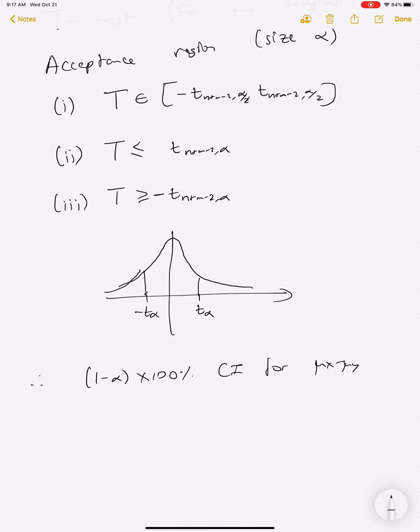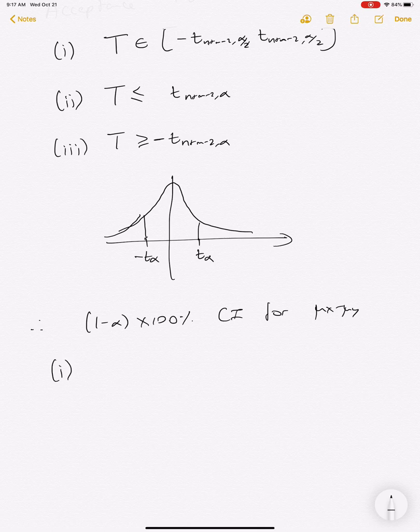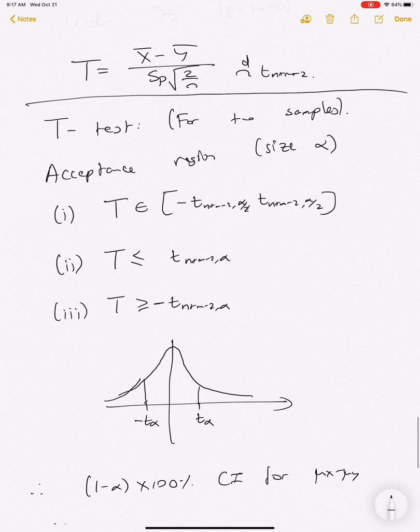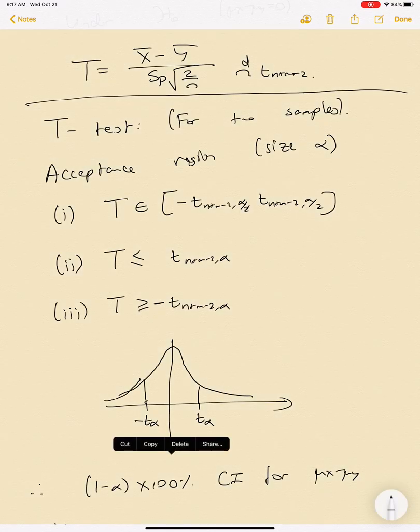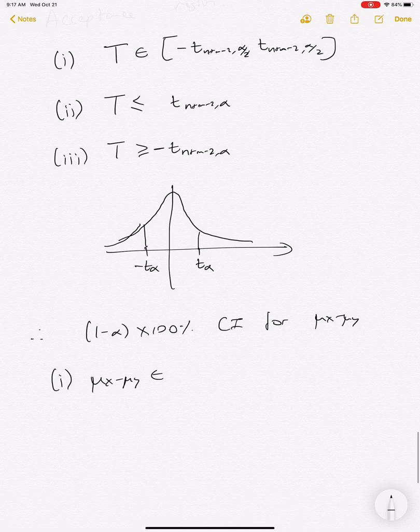And I will only do this for the first example, for the two-sided alternative. You can convert that acceptance region straight into a confidence interval. That's just going to be x bar minus y bar plus or minus t n plus m minus 2 alpha over 2 times sp square root of 2 over n.